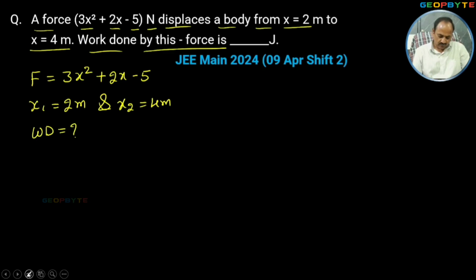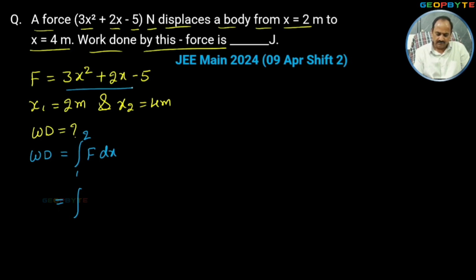Okay, as you know, work done equal to integral of f dx. It is equal to integral of f value, 3x square plus 2x minus 5 dx, from x1 to x2.